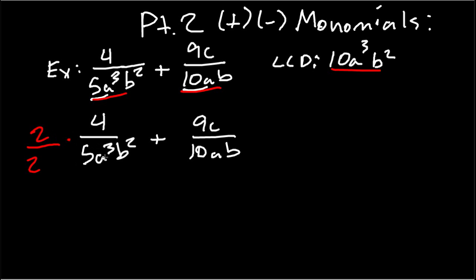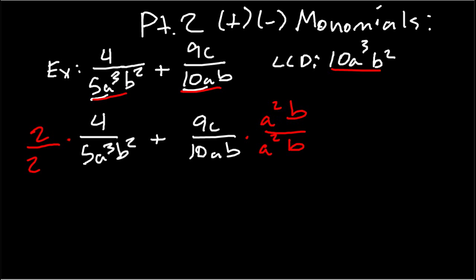Keep everything equivalent. Now, over here, this denominator, 10 to 10, nothing needs to change there. But what do we have to multiply a by to get to a cubed? We have to multiply it by a squared. And then b to b squared, we have to multiply that by b. So we have to multiply the top by a squared b as well.